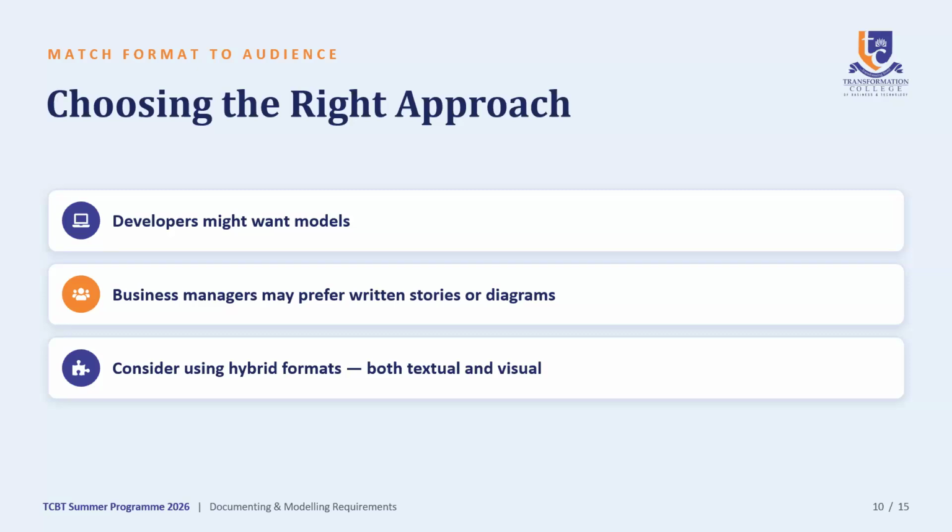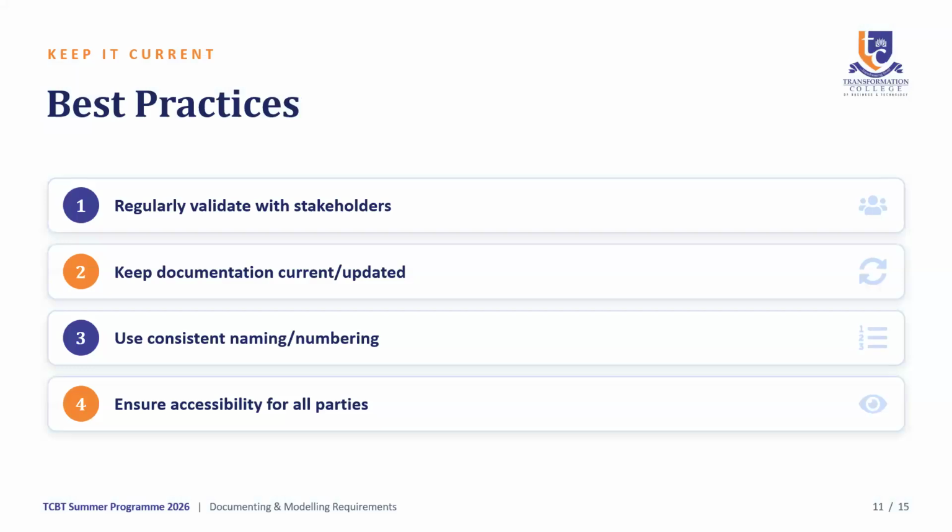With this, you can safely say you would pass the message between the business needs and the stakeholders more effectively. The last one speaks to best practices for this. Regularly validate with stakeholders, keep documentation current and updated, use consistent naming and numbering, ensure accessibility for all parties.